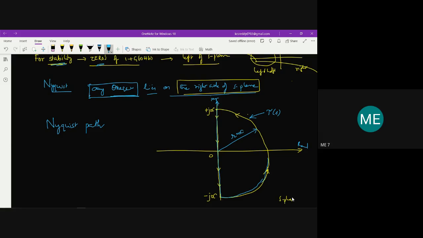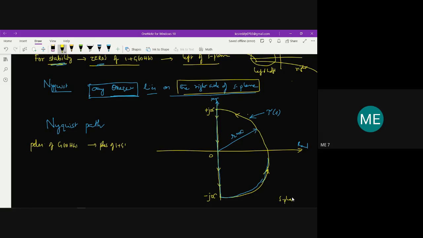And we need to analyze the stability of the system by using this Nyquist path. So now, the poles of G of S into H of S, we know, are nothing but the poles of 1 plus G of S into H of S. That's what we have discussed.